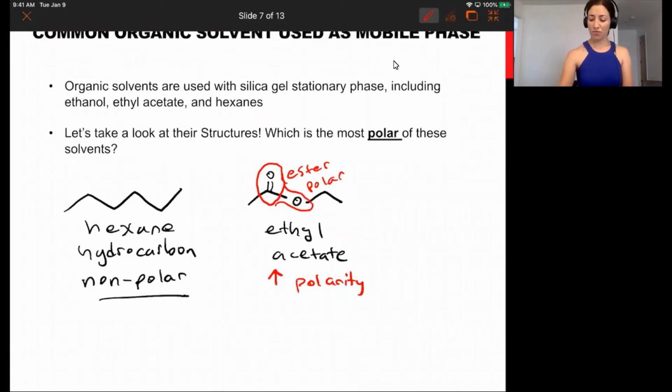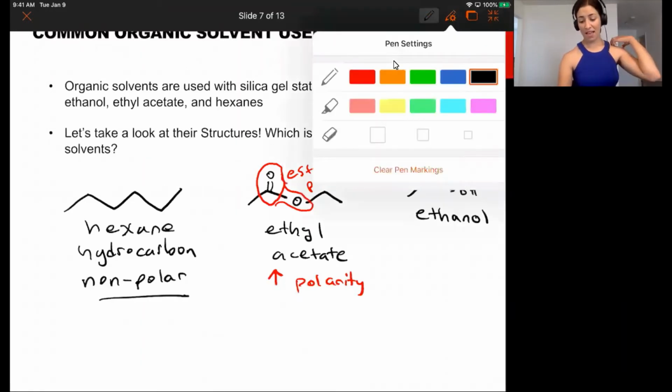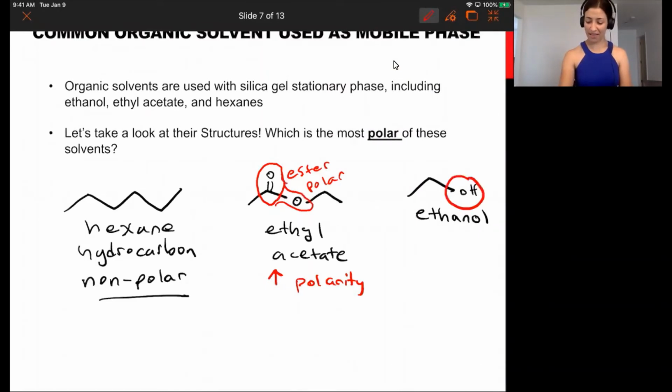And one of the other solvents we're going to work with this week in lab is ethanol. And we recognize that this has the polar alcohol group, where we get polarity because more of the electron density is localized onto that oxygen atom. Okay. So what we're going to spend some time looking at in some of the upcoming slides is how the solvent we use has an overall effect on how far the molecules will travel up the plate.